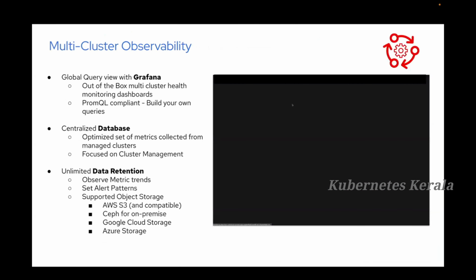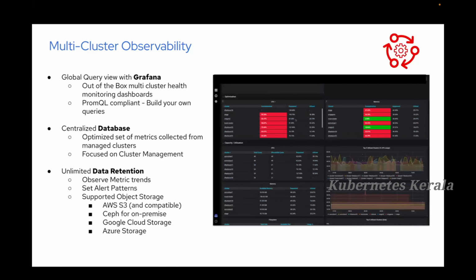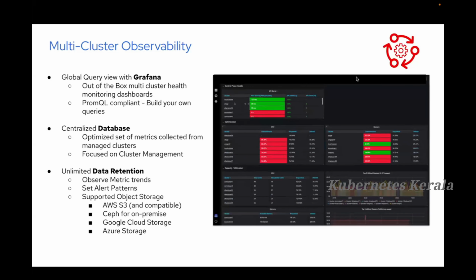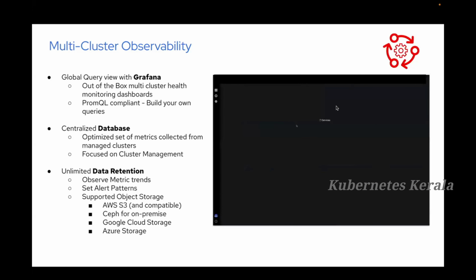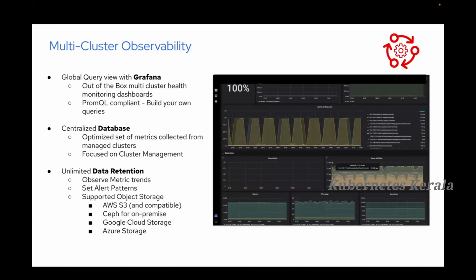And finally, the multi-cluster observability. As I was telling, by default, we can integrate it with the Grafana dashboard, wherein you can get an understanding of multiple clusters. You can create custom dashboards as the open source Grafana tool provides.